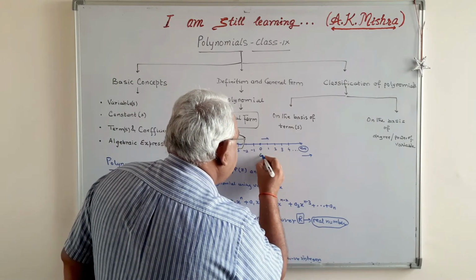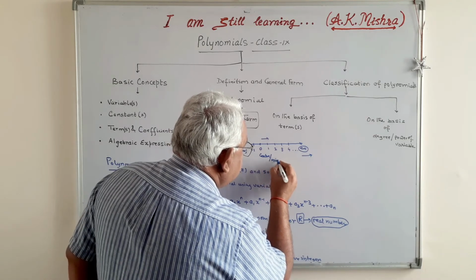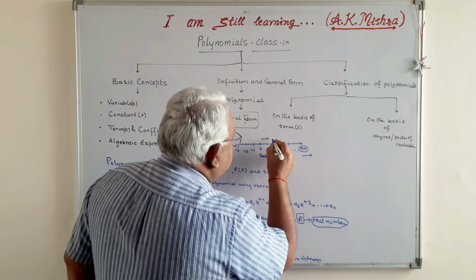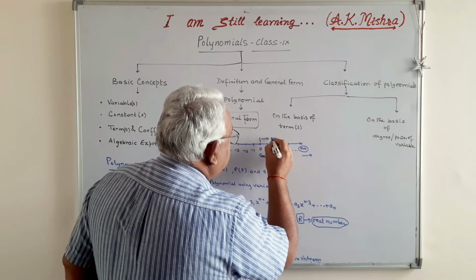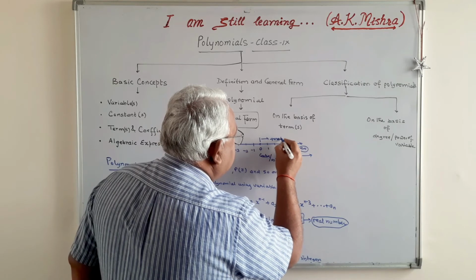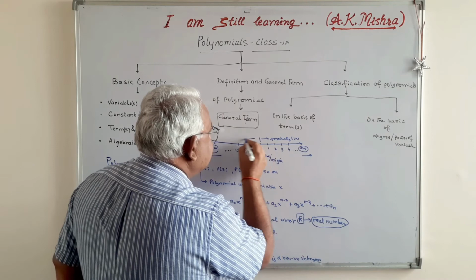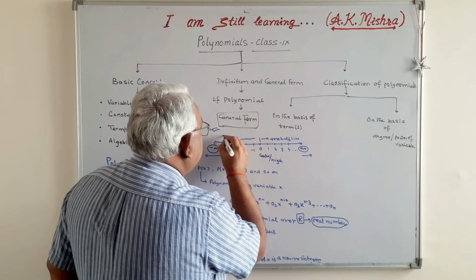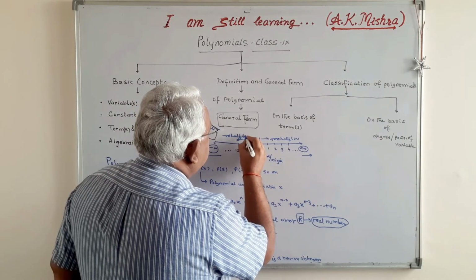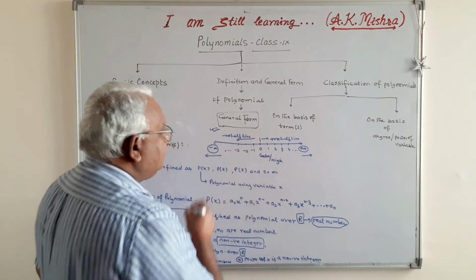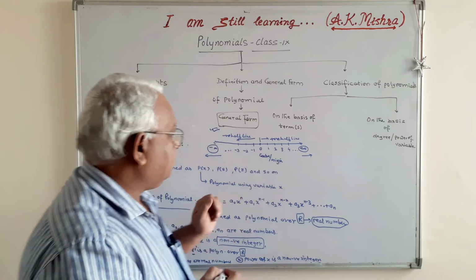So you need to understand this meaning. 0 is called the center or origin. When you move from here toward here, this is called the positive half line, and this is called the negative half line. Negative integers are on the negative half line, positive integers on the positive half line.